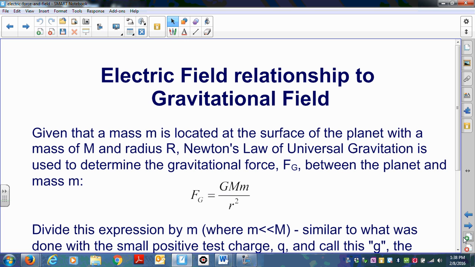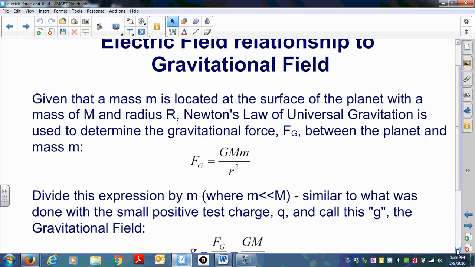Given that a mass m is located at the surface of the planet with a mass of capital M and radius capital R, Newton's law of gravitation is used to determine the gravitational force, F sub g, between the planet and the mass, lowercase m.